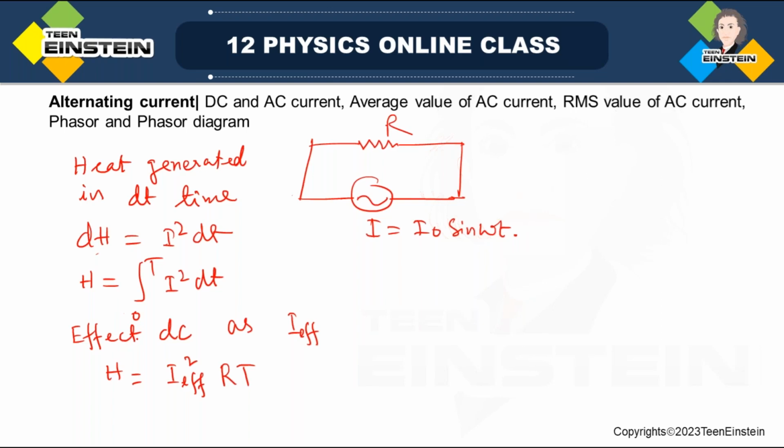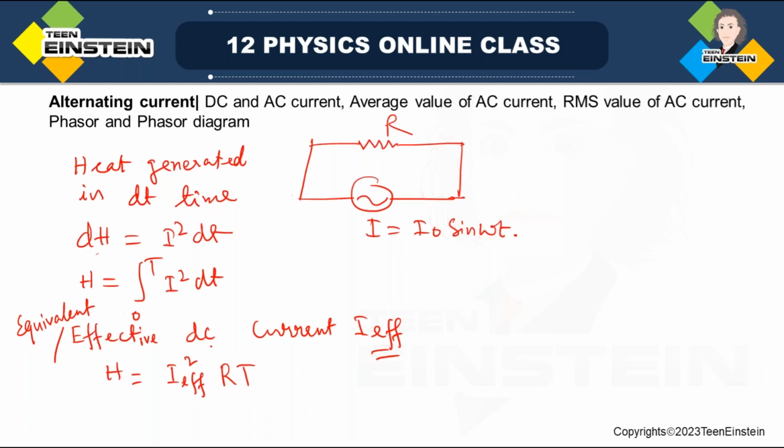So this is the effective or equivalent DC current, IEFF.